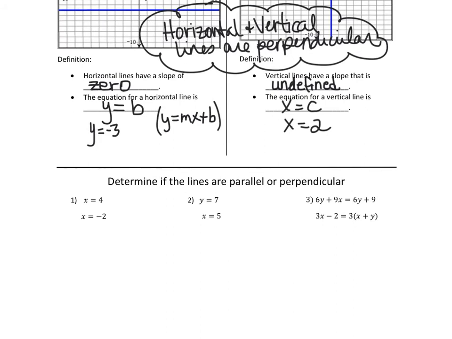So we have x equals 4 and x equals -2. Those are parallel. And so why do you say that? Because both of them go through a different x value, and they stay flat, which means they don't intersect at all, which makes them parallel. Good, they are parallel.